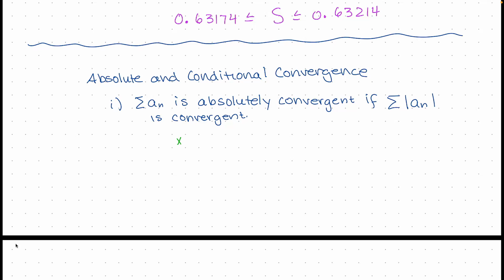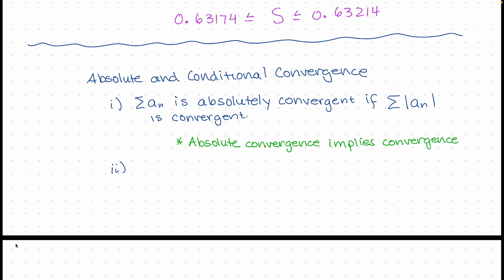And another way of saying the same statement is that absolute convergence implies convergence. So if you can show that a series converges absolutely, then you know it converges. Which may not make much sense right now, but just go with it.